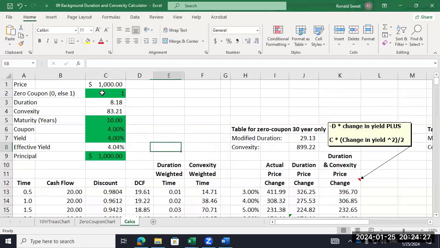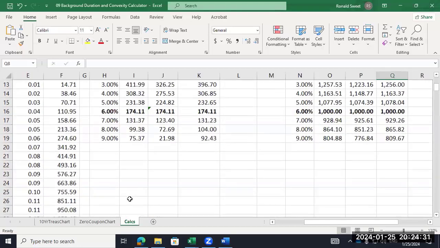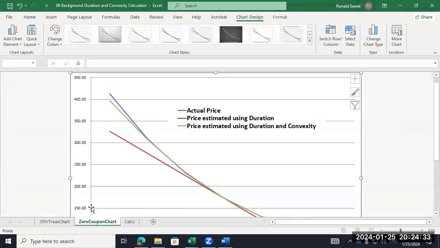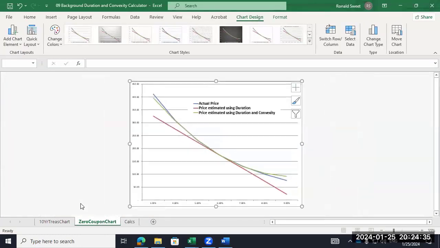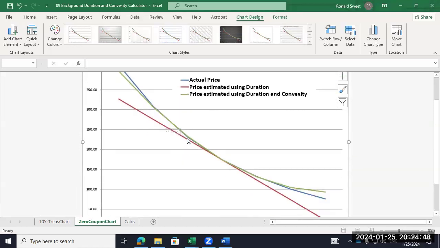And so when you look at this bond here, this red line is what the bond price would do if duration was the only thing that mattered, if it was just a straight line. You'll notice duration is a pretty good predictor when interest rates don't change much.